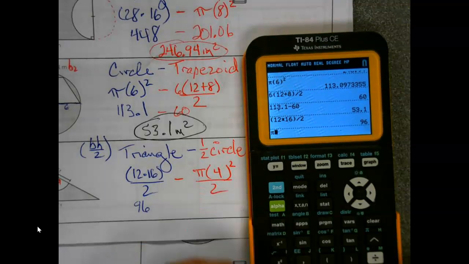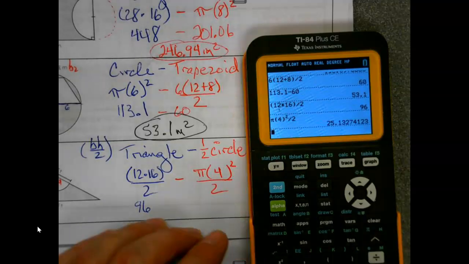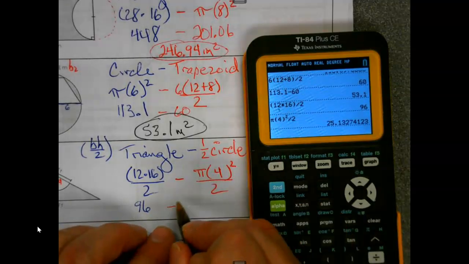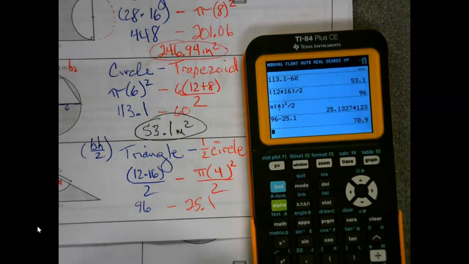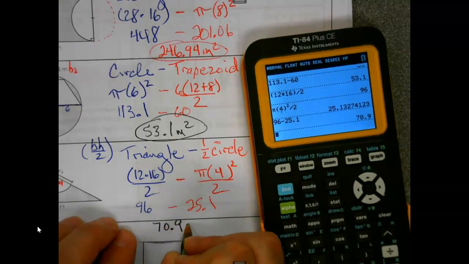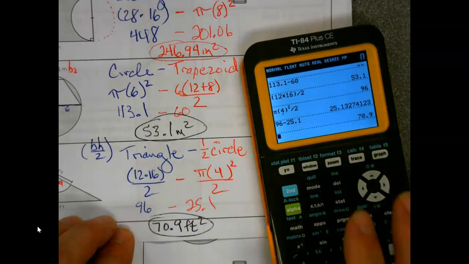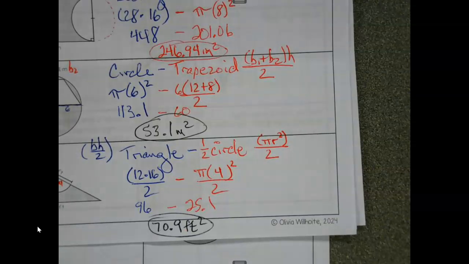Pi r squared divided by 2. 25.1. Not bad, not bad. Get those knocked out. So basically with this, as long as I can remember my area formulas, or flip back to one of the prior pages to get those, the shaded part shouldn't be bad.